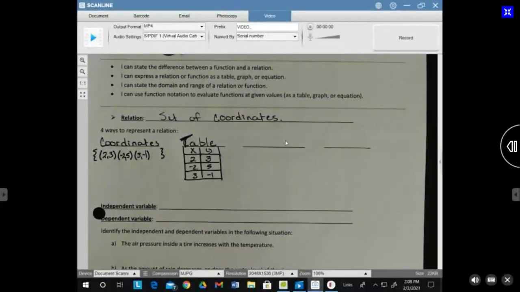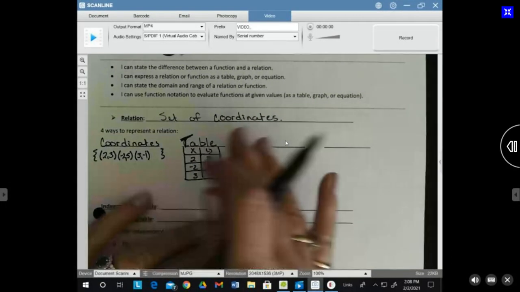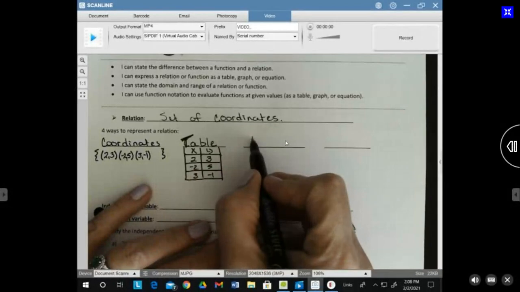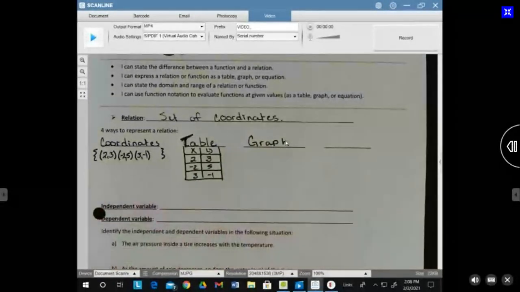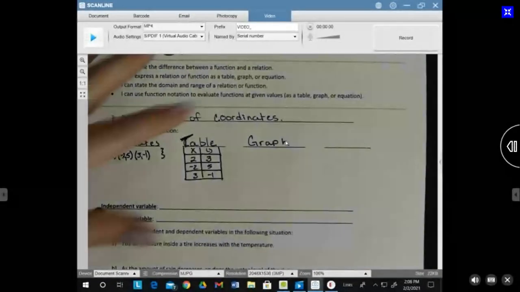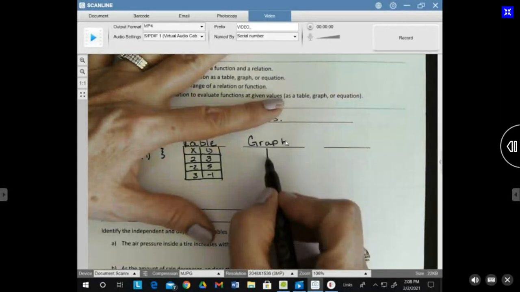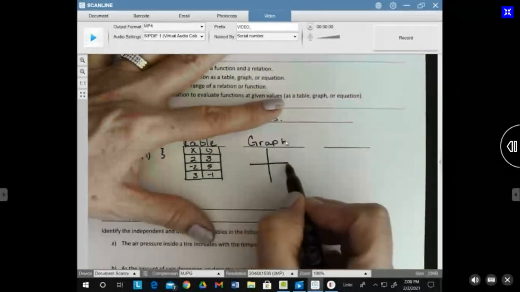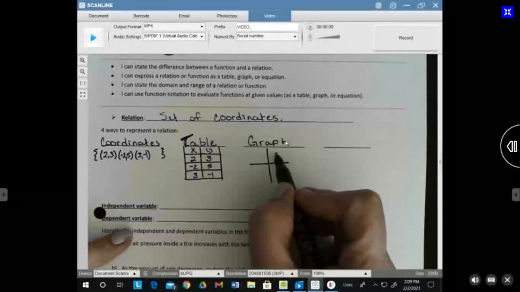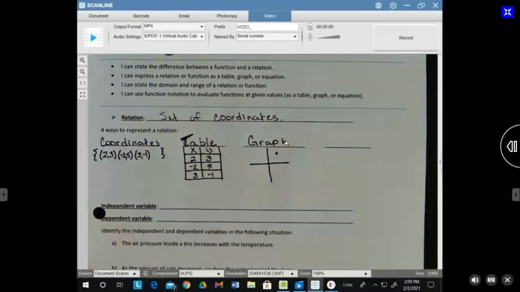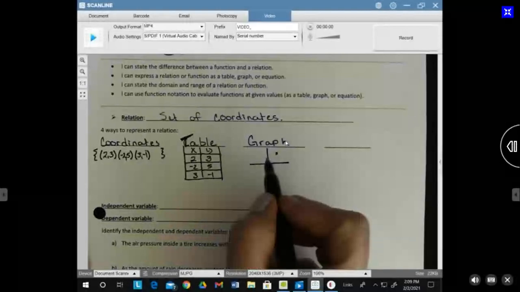Can you tell me another way I might be able to represent a relation? Where else have we had coordinates, guys? There you go. I could represent a relation on a graph. Again, a relation's just a set of coordinates. So anyway, I put that set of coordinates, 2, 3, right 2, up 3, somewhere like that. -2, 5, left 2, up 5.